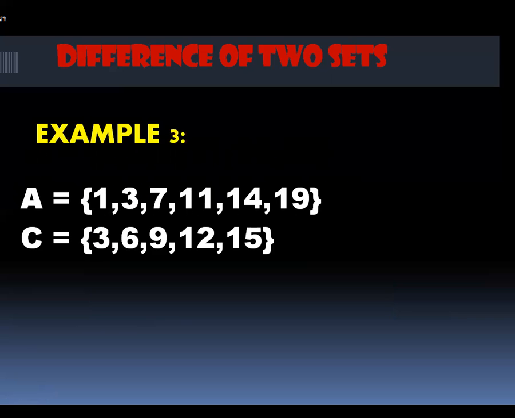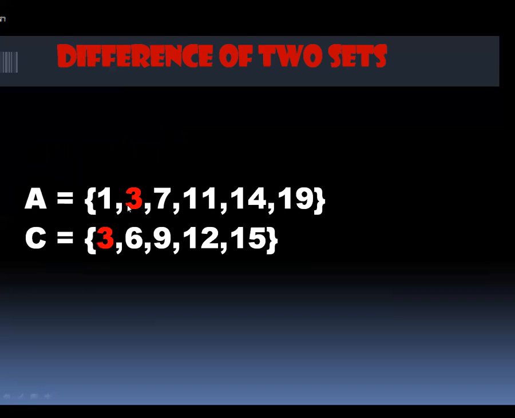Example number 3. What is the difference of A and C? If A is equal to 1, 3, 7, 11, 14, and 19, and set C is equal to 3, 6, 9, 12, and 15, how are we going to find the difference of A and C? Their common element is 3.